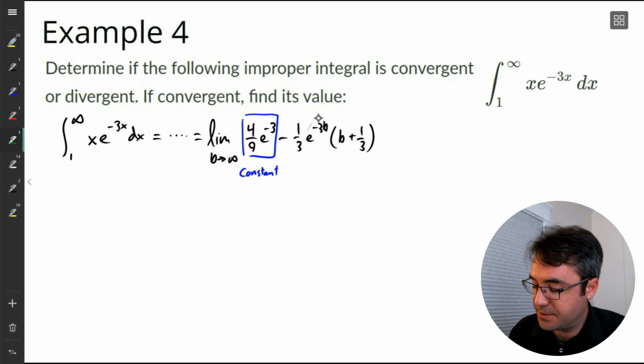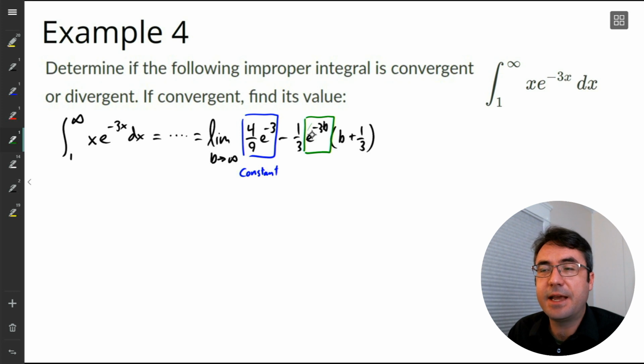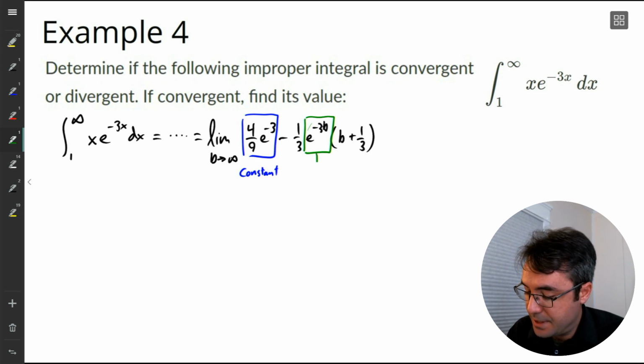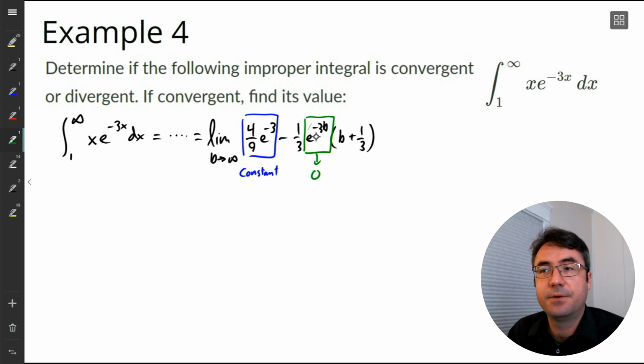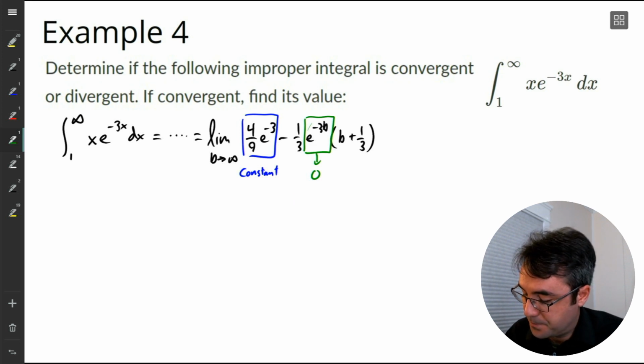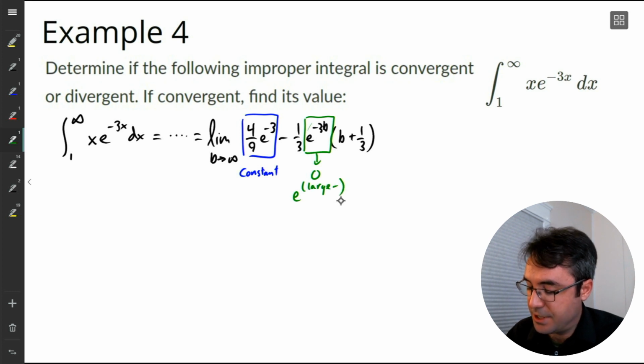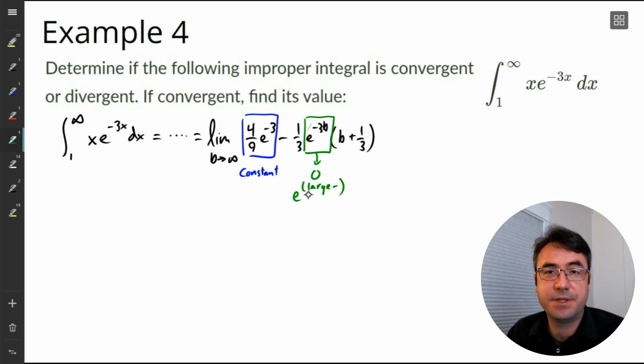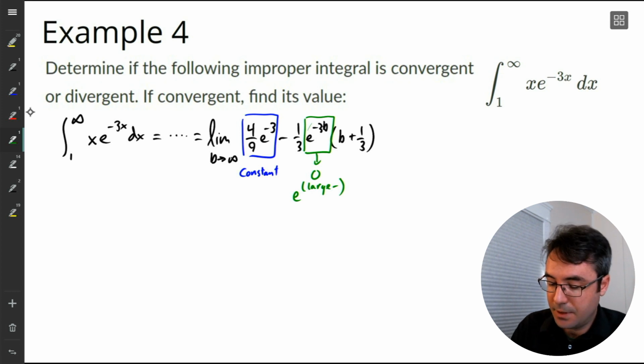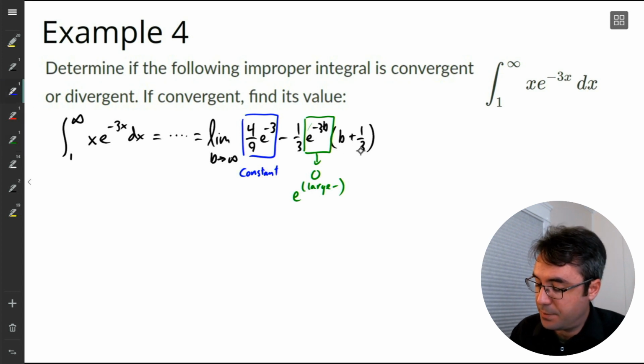Let's look at this exponential, e to the -3b. What is that going to do? Well, as b gets larger and larger positive, this exponential e to the -3b is actually going to go to 0. We're going to end up with e raised to a large negative, and we know that goes to 0. Well, what about this b plus 1/3?